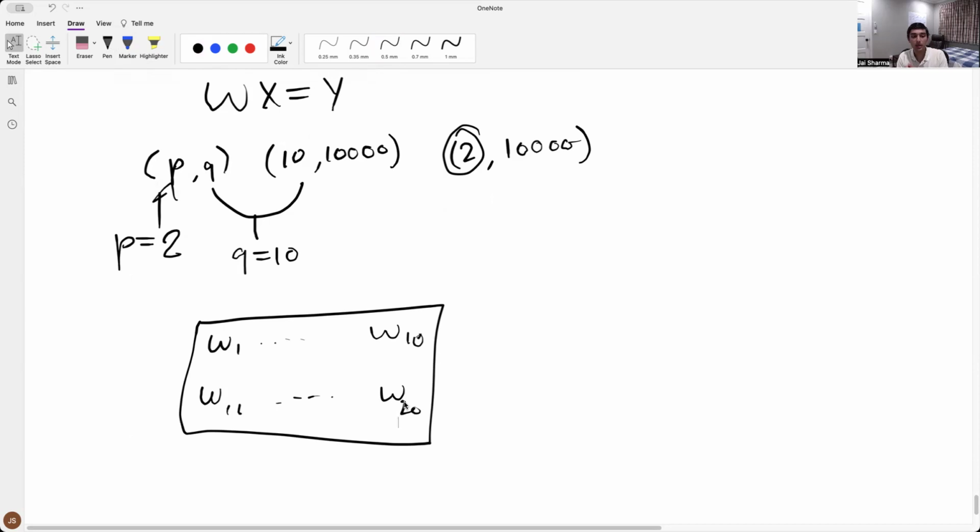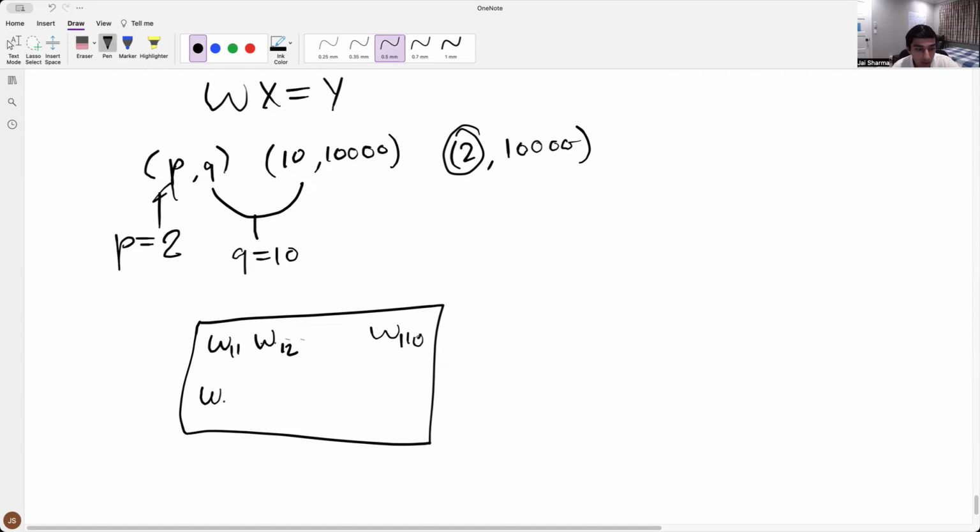And I can be more precise, actually. Let me take that back. I don't want to do W11 all the way to W20. What I'll do is I'll do W11, W12, W13, all the way to W110. So I'll just add a 1. It's not 110, it's 11 or 12. It's 1, 2. The 1 meaning that I'm using it to calculate the first output, the first Y output.